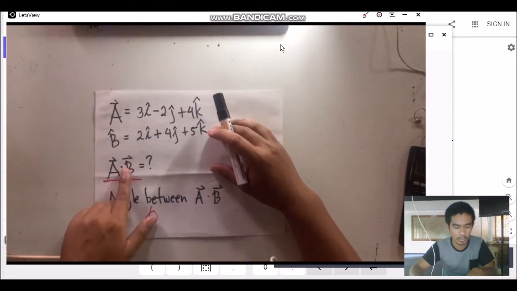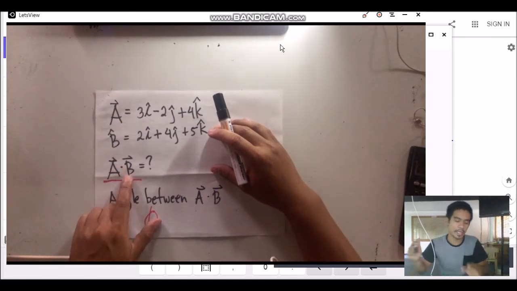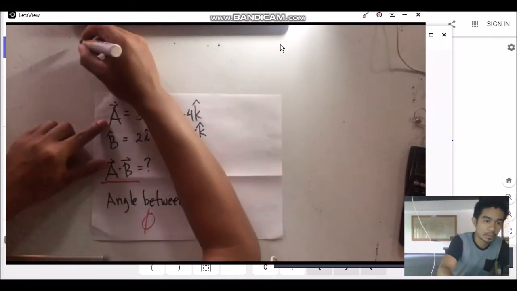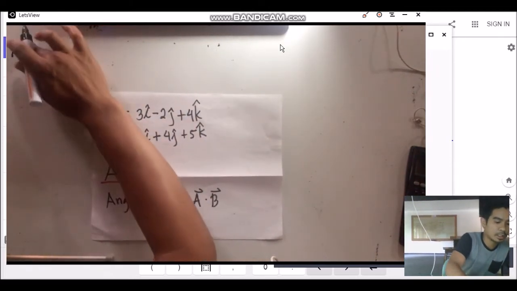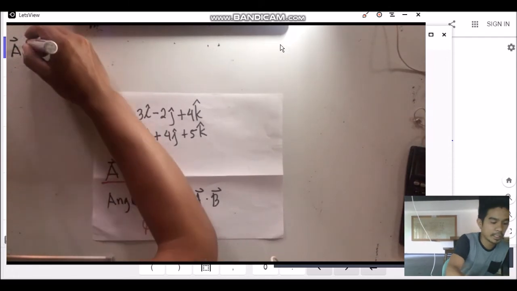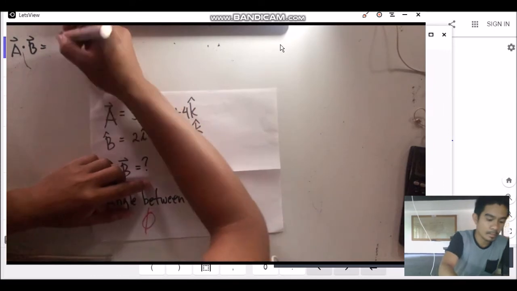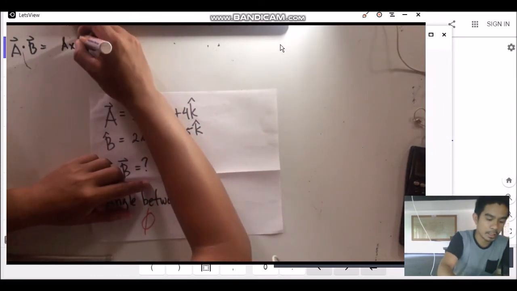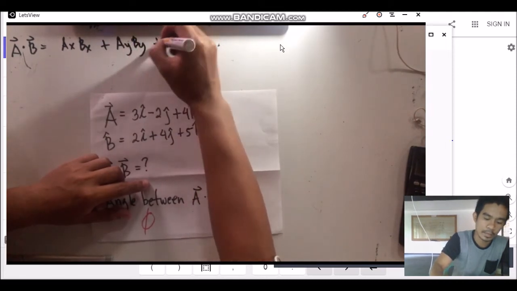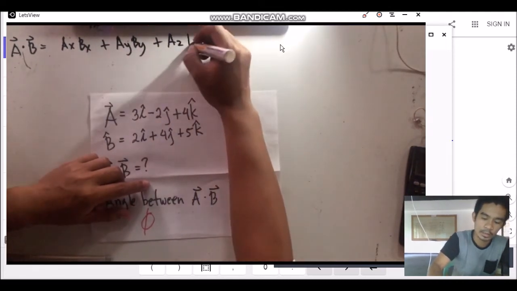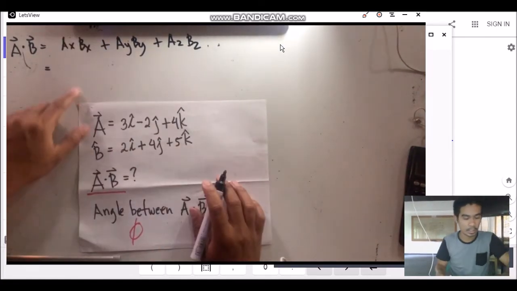Okay, so let's look for the dot product of vector A and vector B. We know that the dot product of two vectors, vector A dot vector B, is equal to AX times BX plus AY times BY plus AZ times BZ. So what is AX?